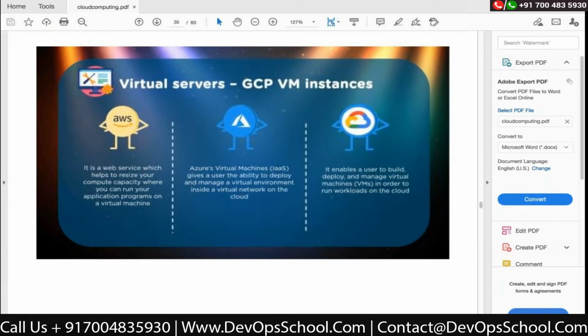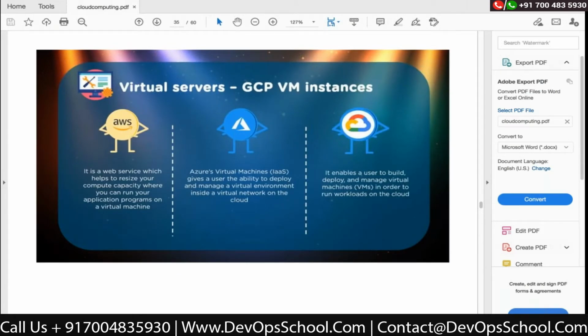On Google Cloud, we call them VM instances. So we have similar services available on different vendors, but their names vary. Definitely the names will vary because the vendors vary.